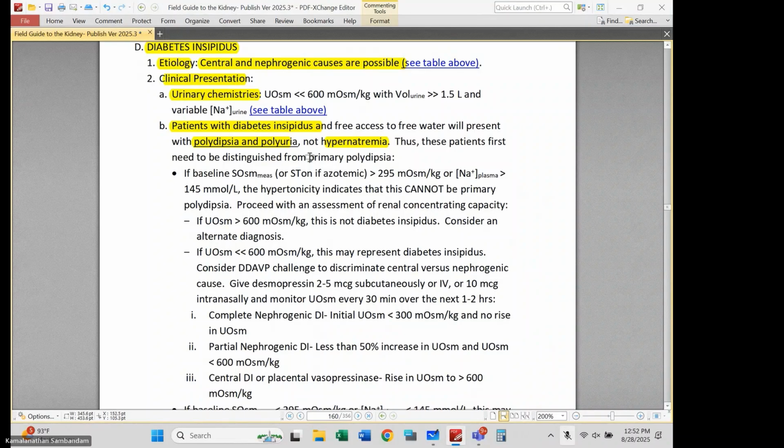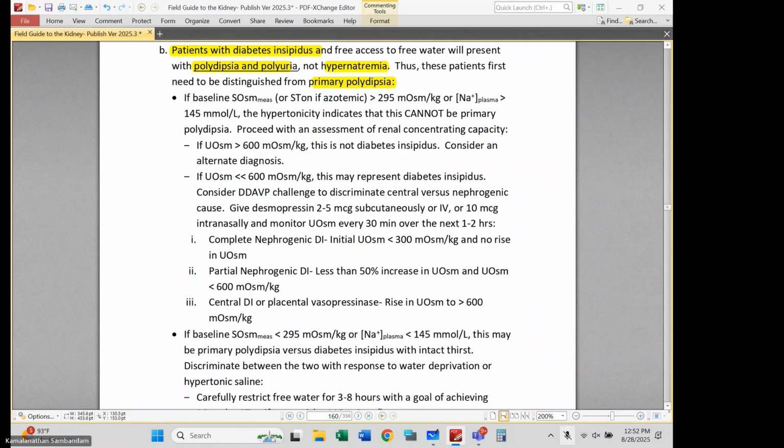How do you discriminate this patient from a patient with polydipsia because of compulsive water drinking? Well, you can do that through measuring urine osmolality. If you have a patient who is already hypernatremic, this patient cannot be a primary polydipsic patient. If you're drinking a lot, you can't have a serum sodium and measured osmolality that's in excess.